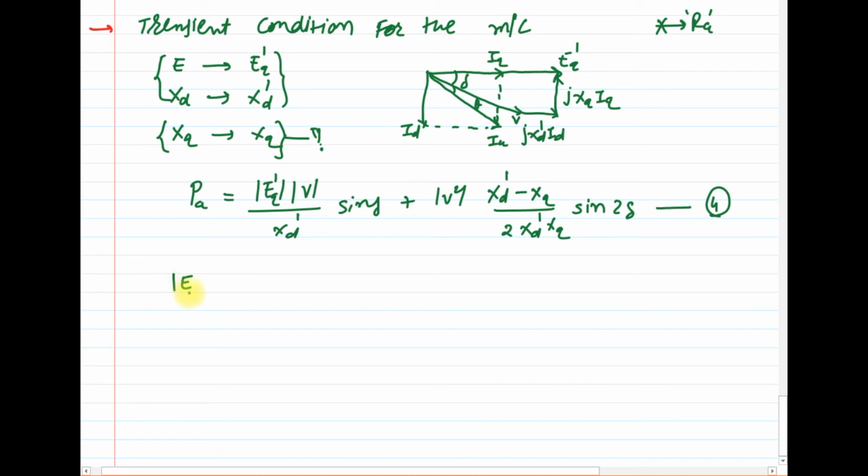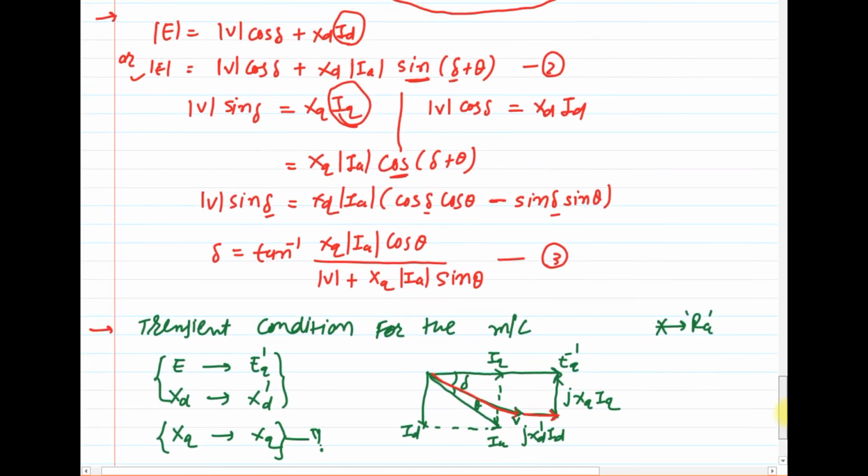So EQ dash is equal to this vector V plus this vector XD dash into ID. Clear? Here EQ dash is equal to V cos delta plus XD dash into ID. Again the same theory.